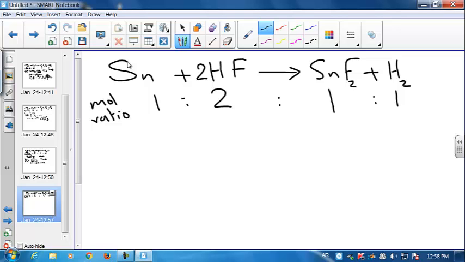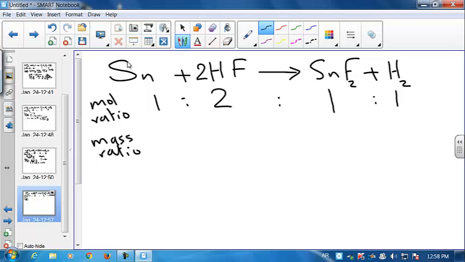How many grams of tin fluoride is produced by the reaction of 30 gram of hydrogen fluoride. Here, I need to convert the mole ratio into mass ratio. Okay, what is the mass ratio? What is the molar mass of tin? Let me open the periodic table. Tin.